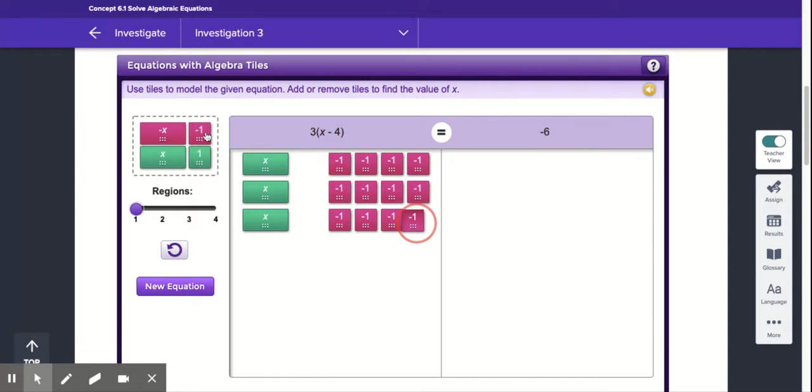We have a -6 on this side, so we pull over -6.